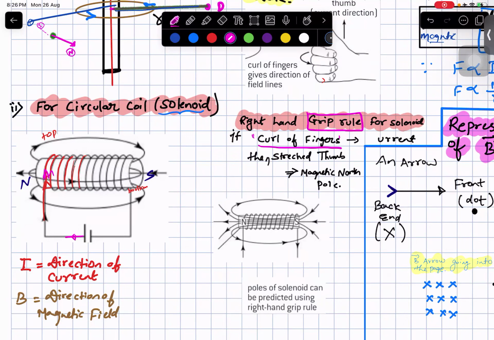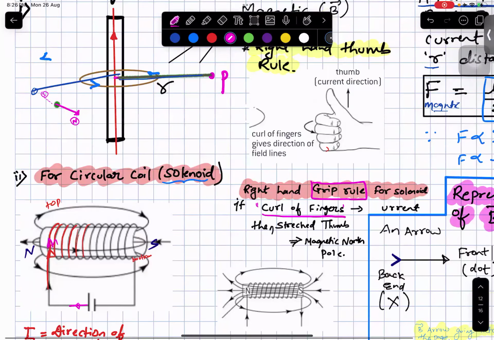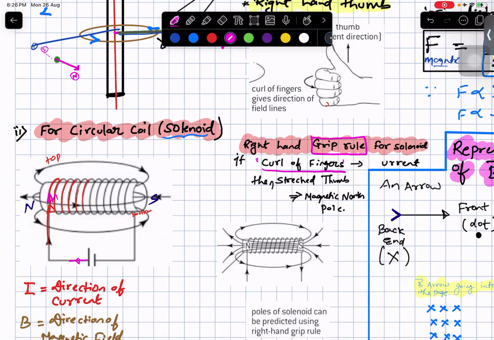So if your palm is facing backward, towards your computer, then the thumb is pointing to the left, and that will be the north pole created by the magnet. The other side would be the south pole. So magnetic field lines around this solenoid will be going from north to the south, like this.